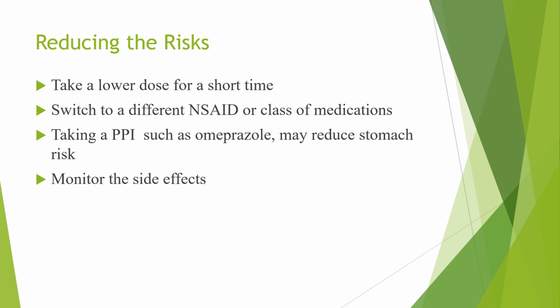Another way of reducing the risk of ibuprofen is to switch to a different NSAID or class of medication. Now we have two classes of NSAIDs: the COX-1 and COX-2 non-selective inhibitors, and then the selective COX-2 inhibitors.